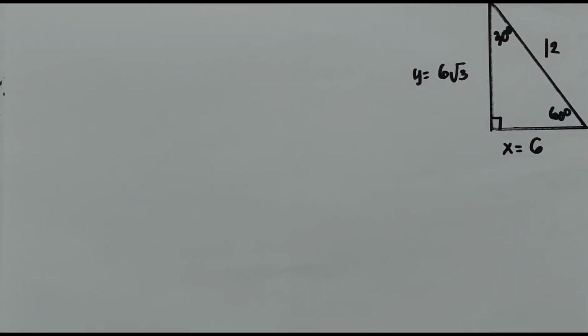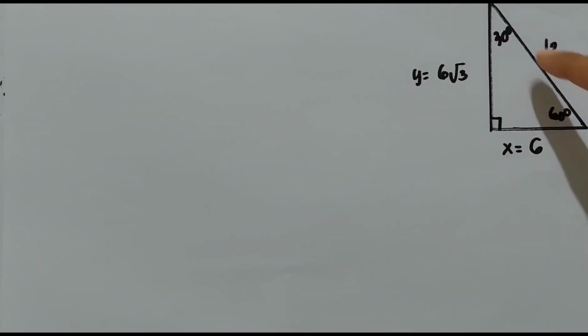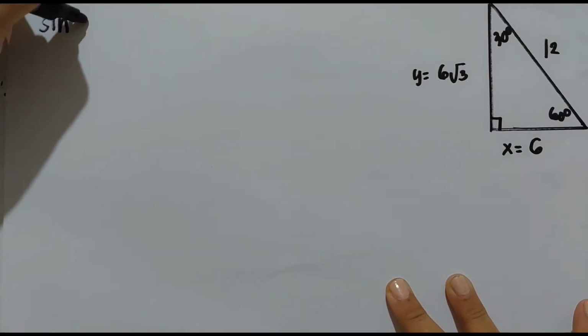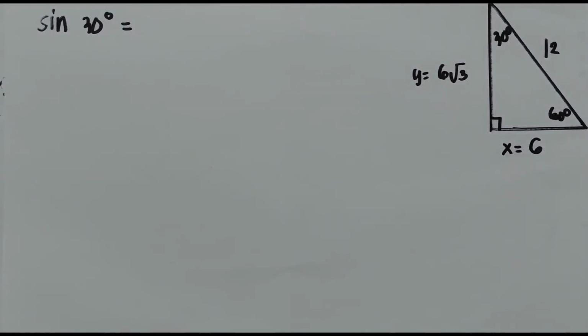So, in finding the 6 trigonometric ratios, first, since there are two angles, we have 30 degrees and 60 degrees. So, shall we have first the 6 trigonometric ratios of 30 degrees? So, we have here sine 30 degrees. Okay? So, sine 30 degrees means opposite over hypotenuse.